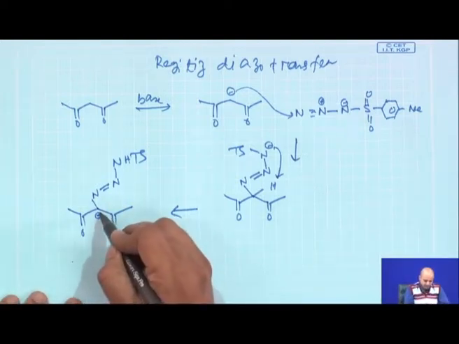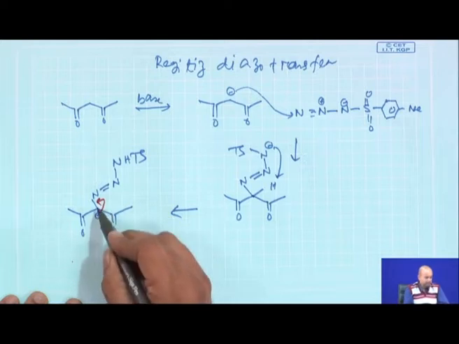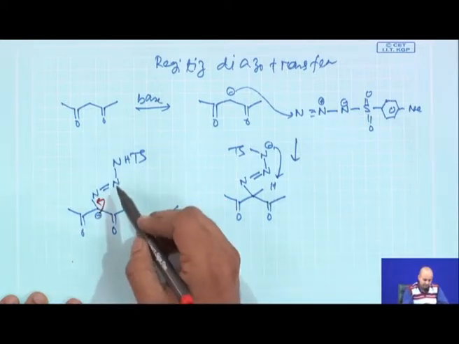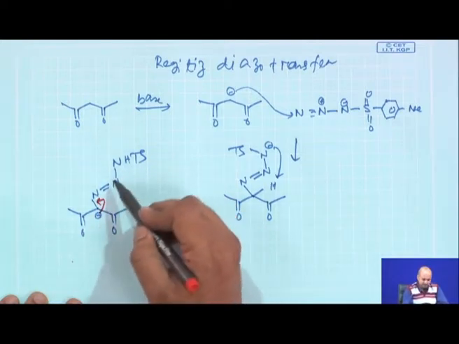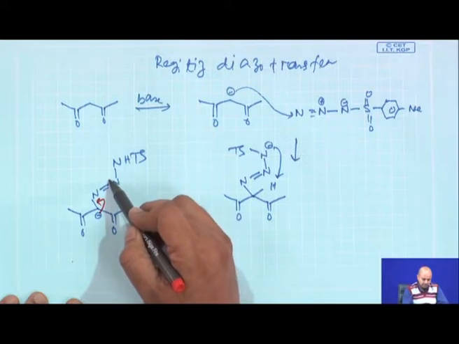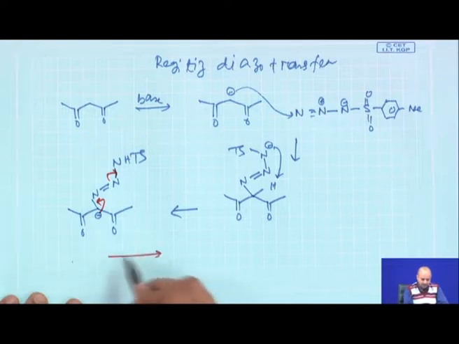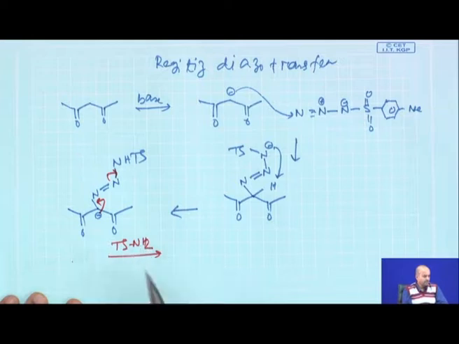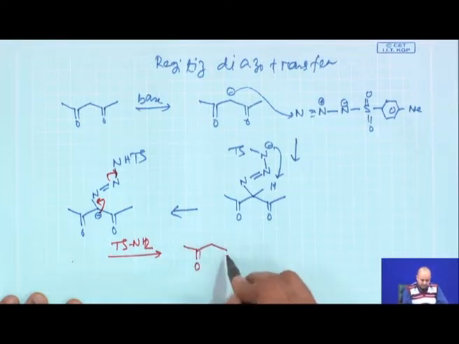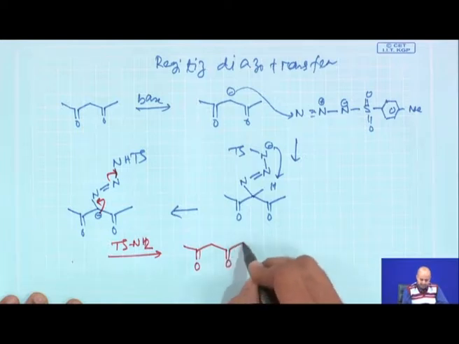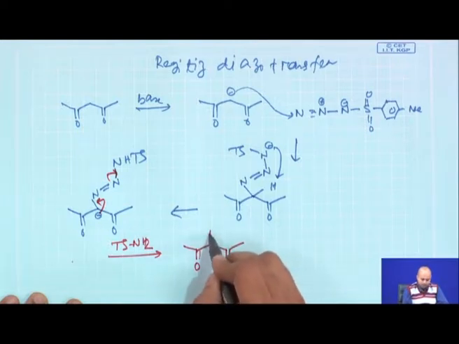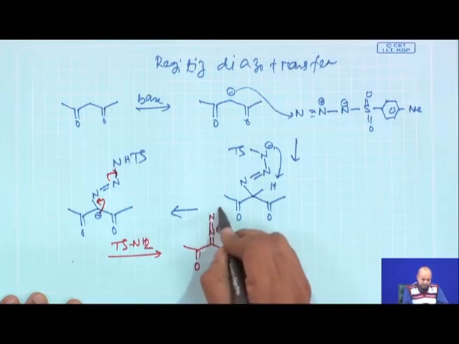Now, this minus comes here, and it triggers the release of this tosylamide as a byproduct, and then what do you get? You basically get a diazo species, N plus double bond N minus.